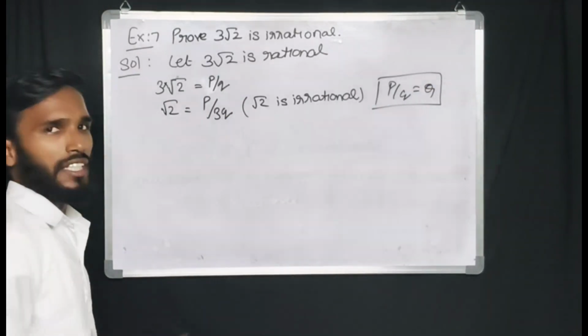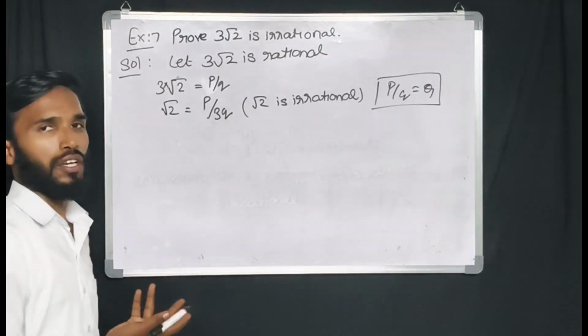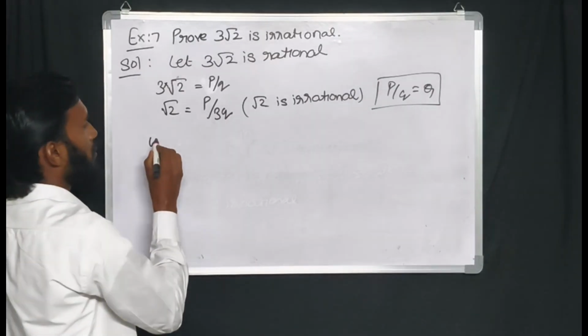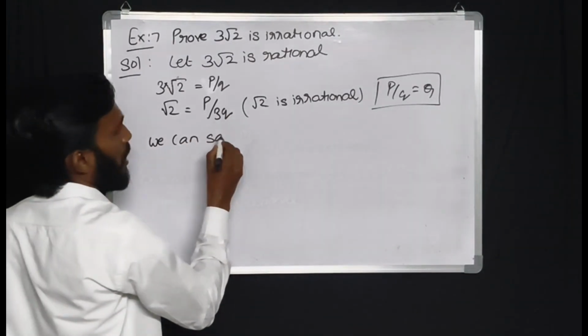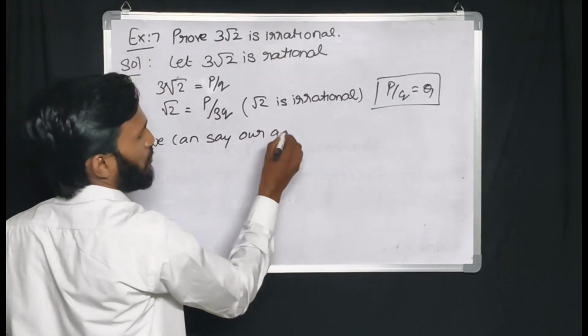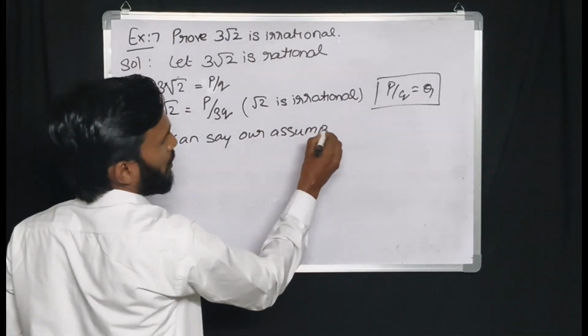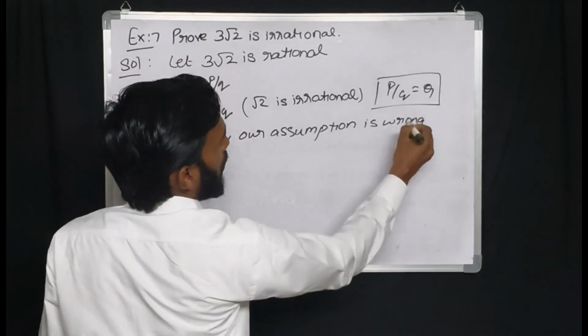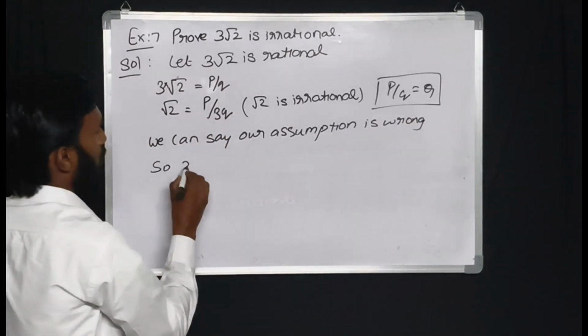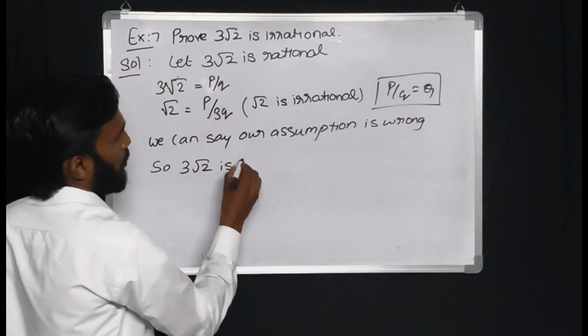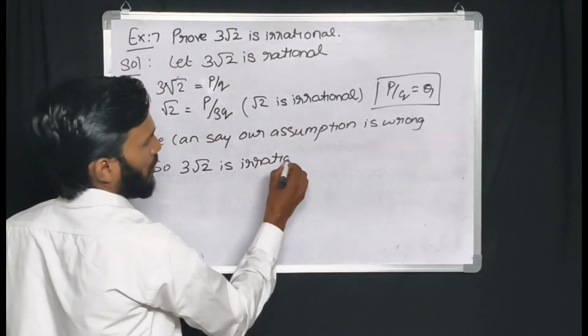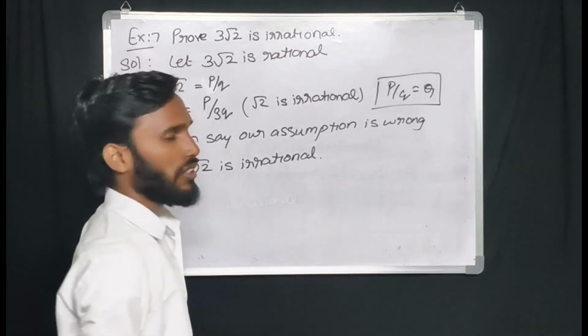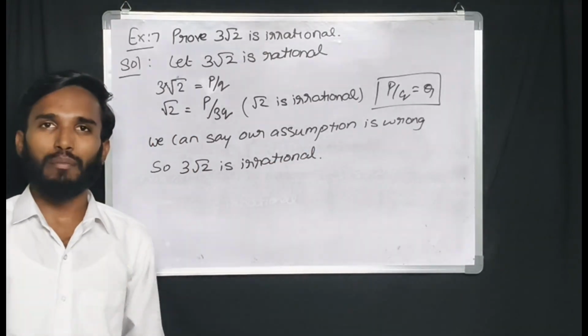Is it possible that a rational number is equal to an irrational number? No, never. So we can say our assumption is wrong. So 3 root 2 is irrational. So this is example 7.